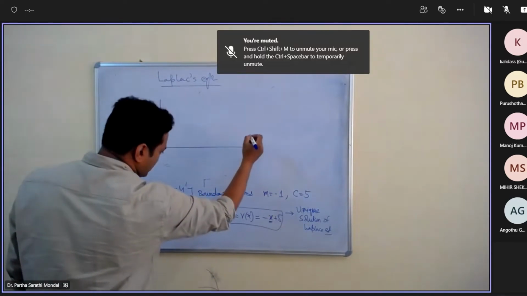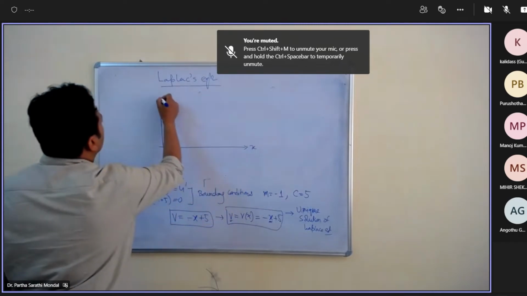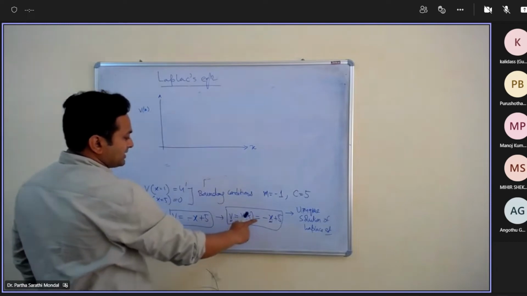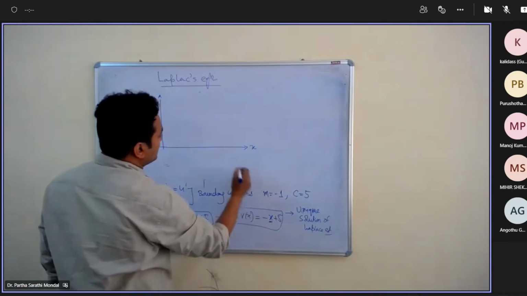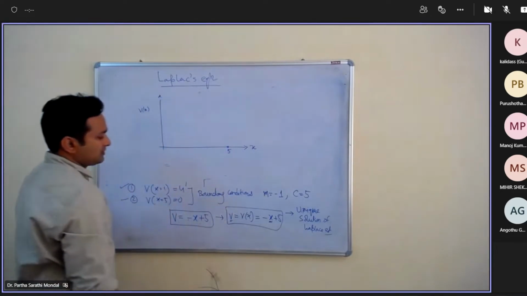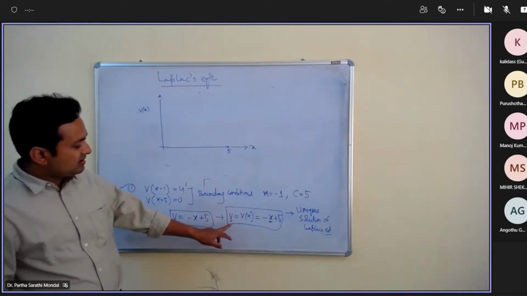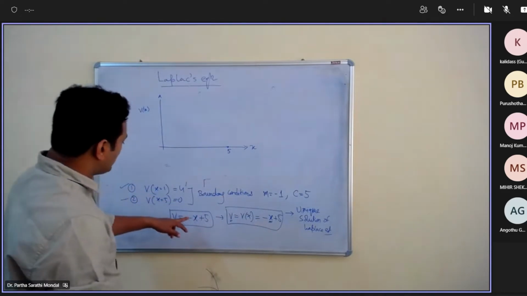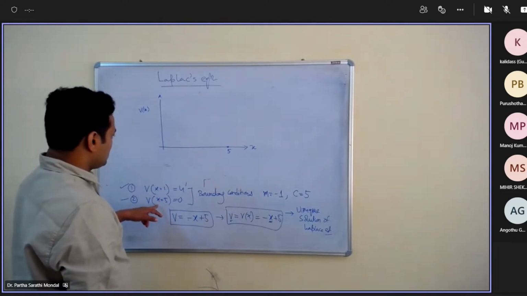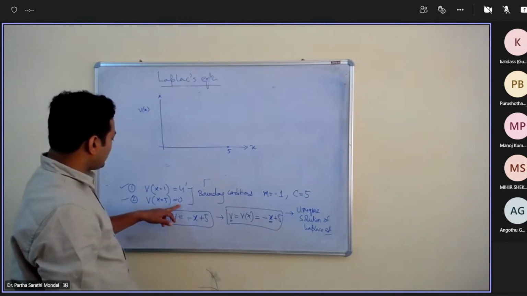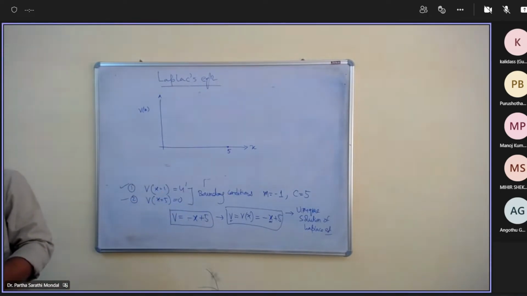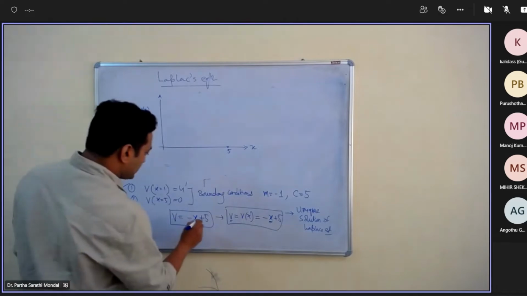Let's say this is your x, or let's say this is your v versus x. If I plot this one, when x is 0, it should be 5. Putting in the boundary condition, when x equals 5, v is 0, and when x equals 1, v is 4.